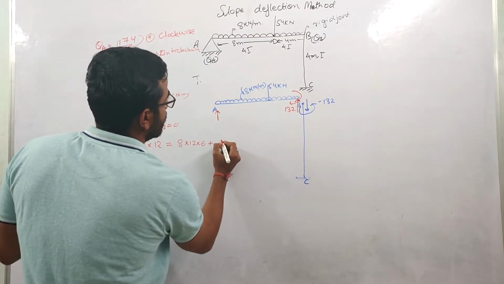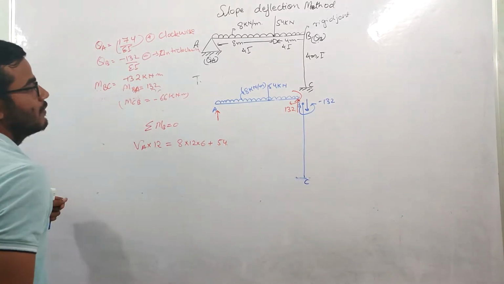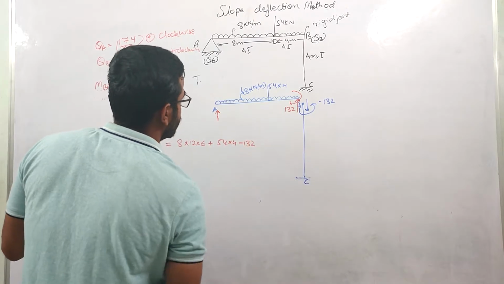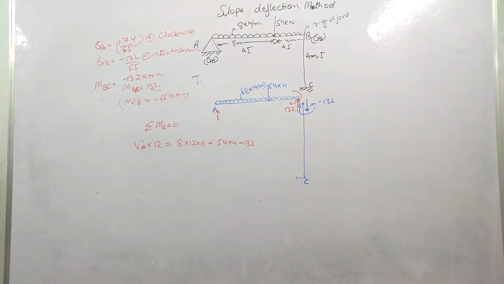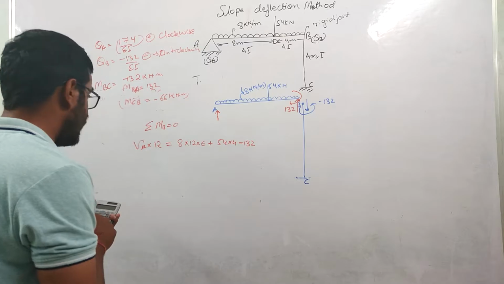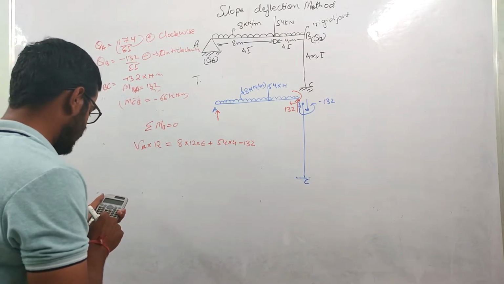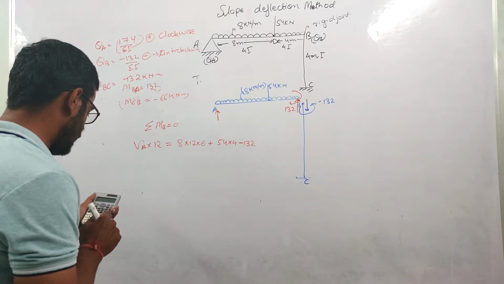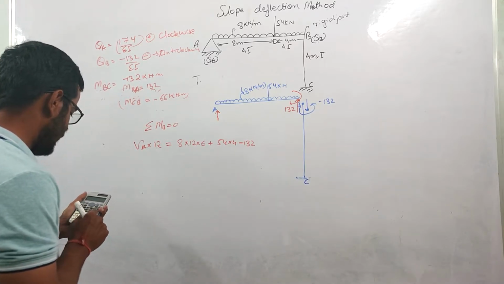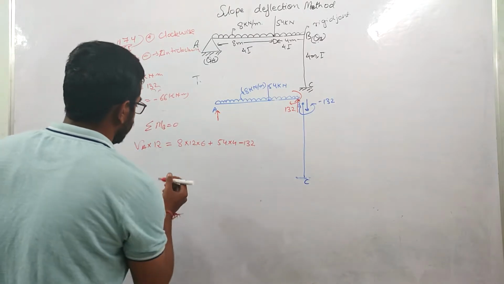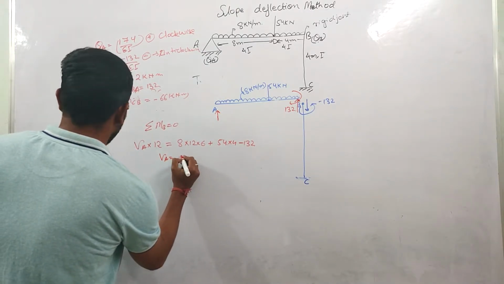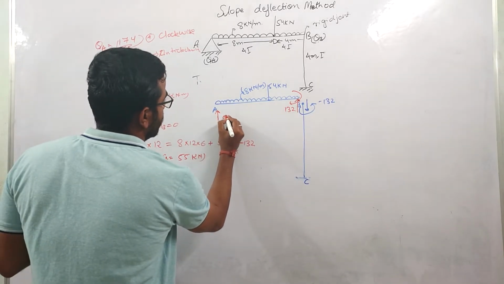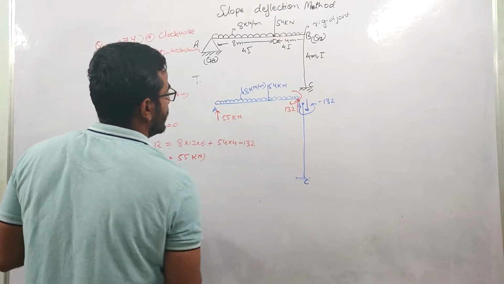Plus 54 into 4 and minus 132, right? So if I calculate VA from here, it will be 8 into 12 into 6 plus 54 into 4 minus 132, divided by 12. VA is nothing but 55 kilonewton. So this value is 55 kilonewton, right?